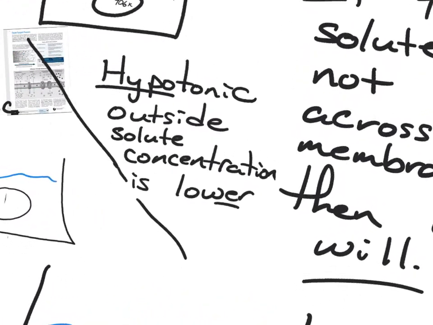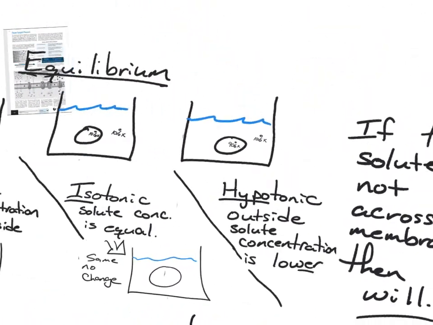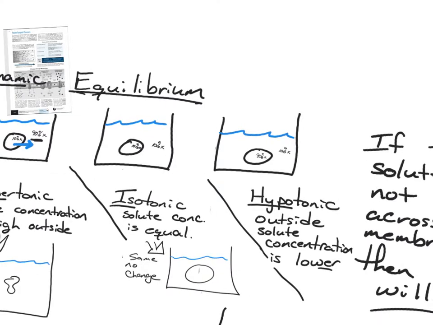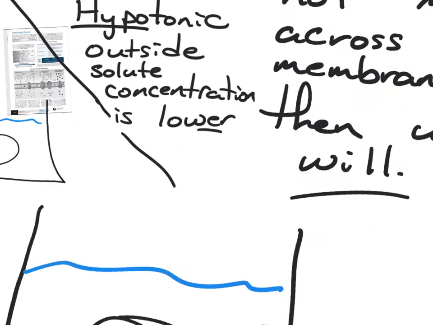What about in a hypotonic solution? In which direction is the water going to move? The water's going to move in. So then what's going to happen to the cell if water goes in? It's going to get bigger, and it could burst.